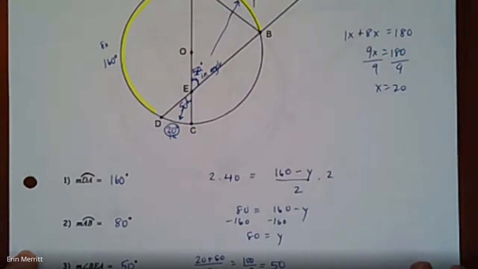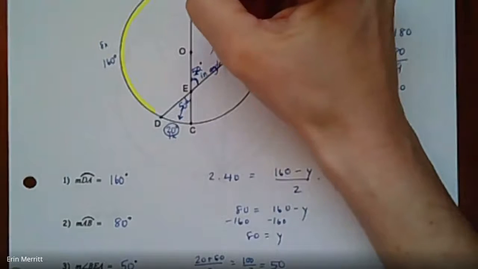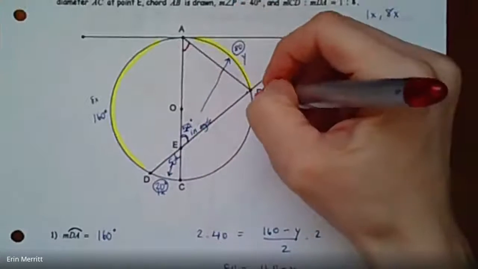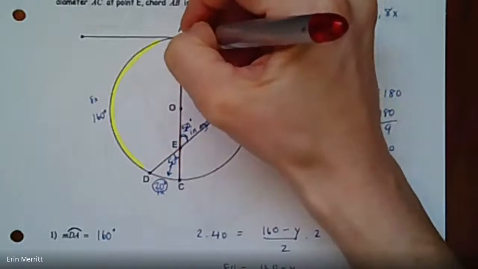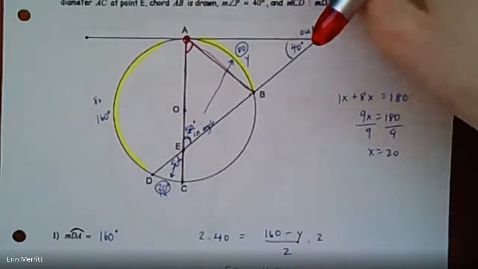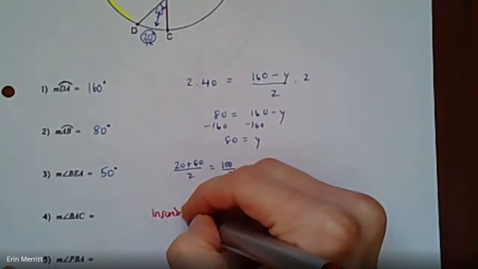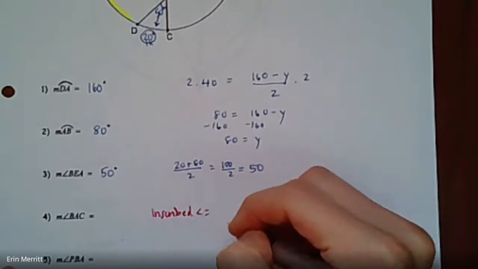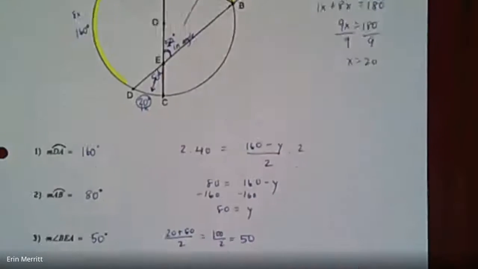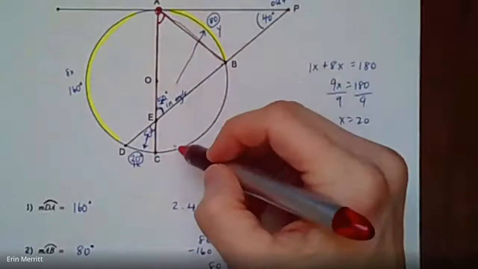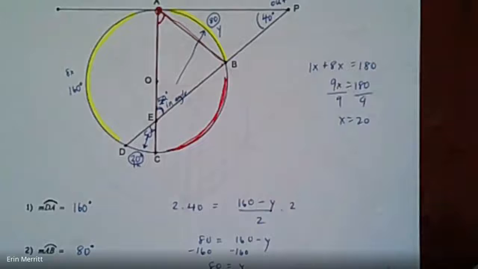All right, angle BAC. Think about where it is. BAC, the vertex, is on the edge of the circle. That's an inscribed angle. So for an inscribed angle, it's equal to half the arc it opens up to. Right? So look at the picture. The arc that this guy opens up to is the last arc that we haven't talked about yet. But we know everything we need to get it.